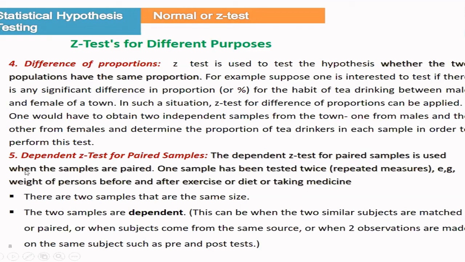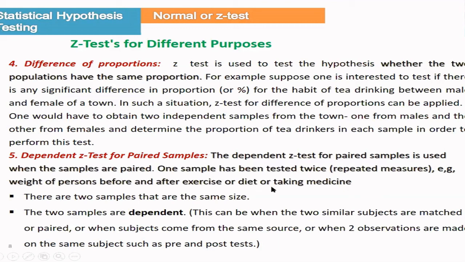Okay, and another important area where we can use the Z test is called the dependent Z test or paired sample test. That is, we can take the data from the same sample but twice. That is, suppose the weight of a person before and after doing some exercise or taking some medicine or doing some diet. So for the same person, we take their weight before the exercise and after the exercise, or maybe before the diet and after the diet.